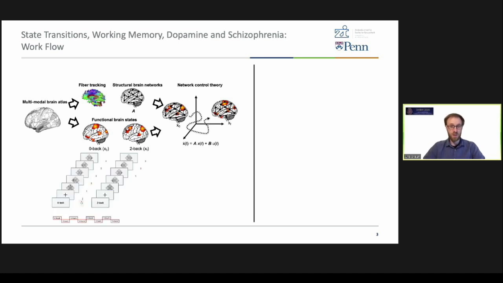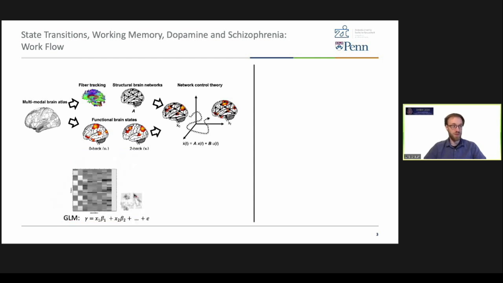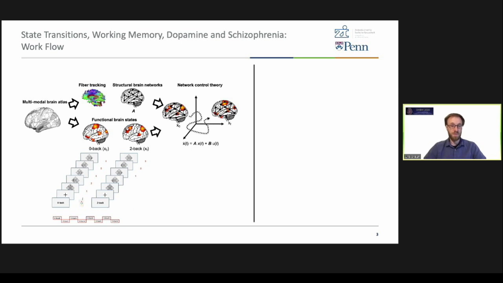We did so using a relatively well-known N-back task. The N-back task consists of basically two conditions in which you see a number of numbers appearing on the screen. In the 0-back condition, or the motor control condition, you just have to press a button which corresponds to the number you see on the screen, while in the 2-back condition, which is the working memory condition, you have to remember what you saw two screens before and press that button.